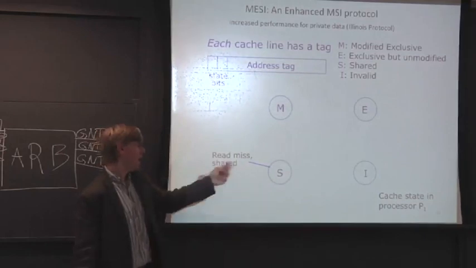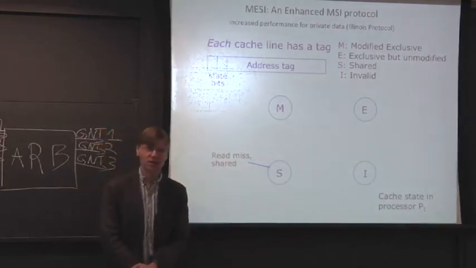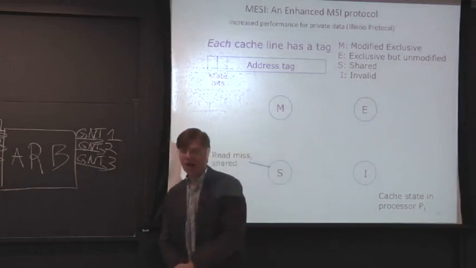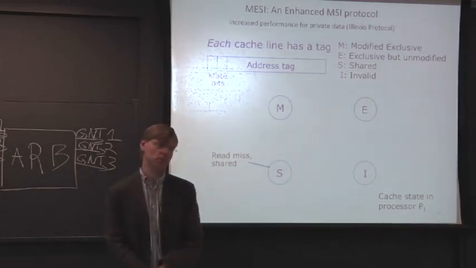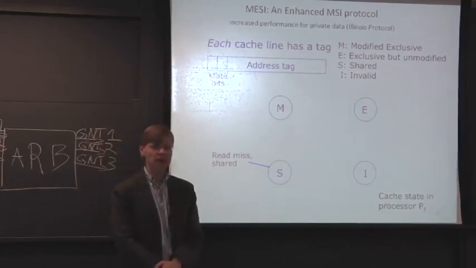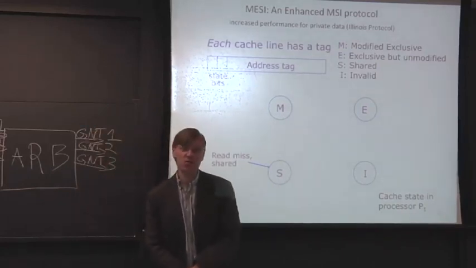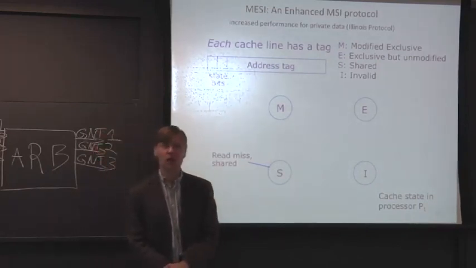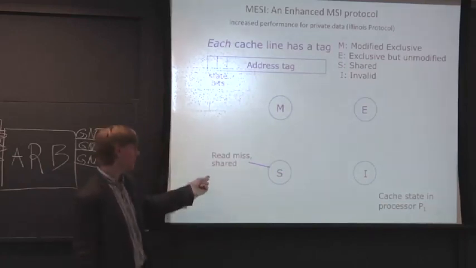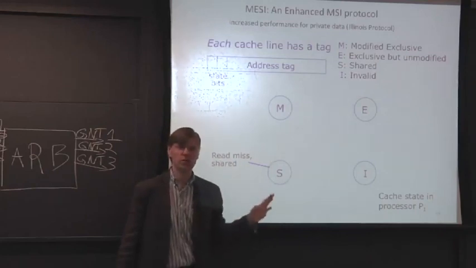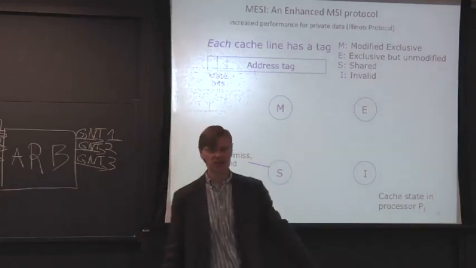Well, on a read miss, processor 1 here is going to shout out onto the bus, I want to do a read. On the bus, if someone responds back saying, I have a shared copy of that data, or I have a copy of that data which is read-only, you're going to transition to the shared state here, because you don't want to invalidate the other cache's data.